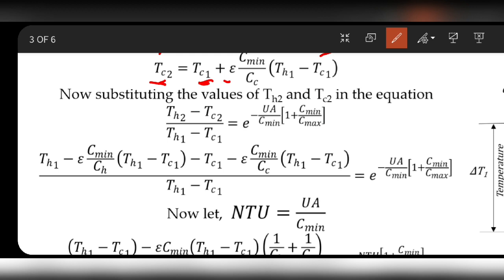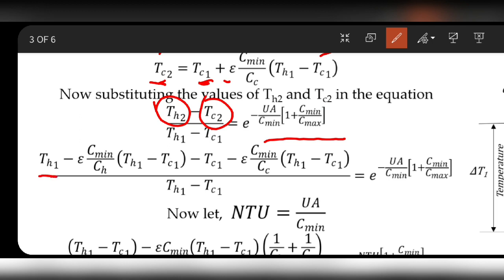Now substituting the values of TH2 and TC2 in the equation, TH2 minus TC2 divided by TH1 minus TC1 is equal to e to the power of minus UA divided by C minimum into 1 plus C minimum by C maximum. In this equation I substitute the values of TH2 and TC2.